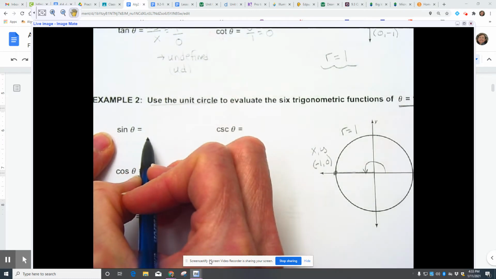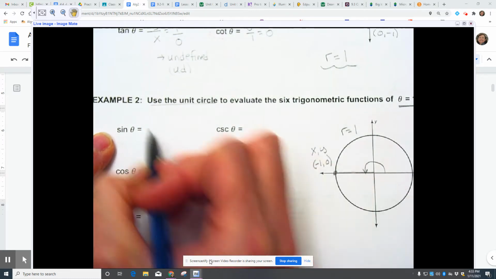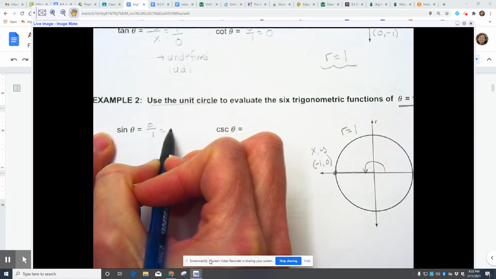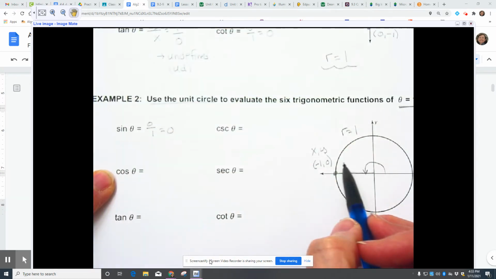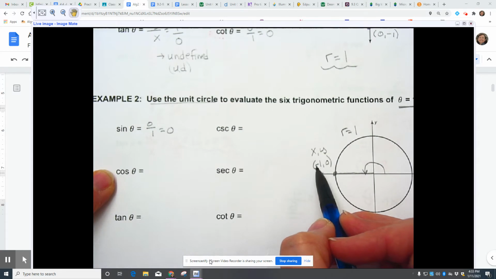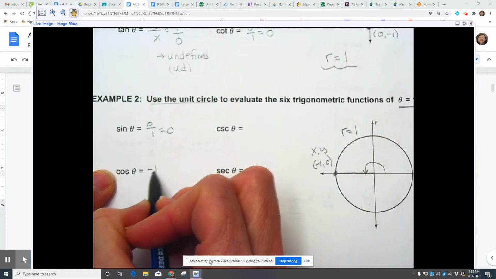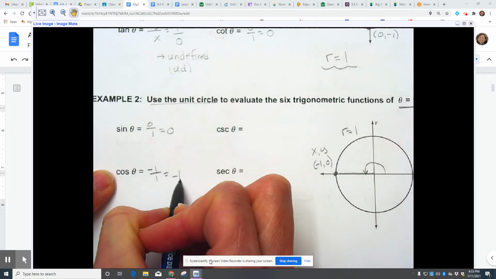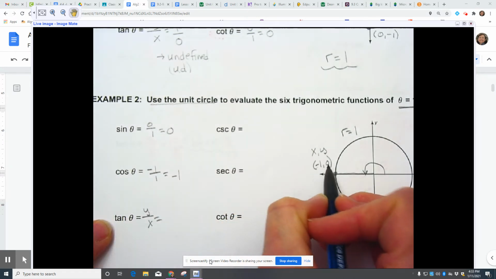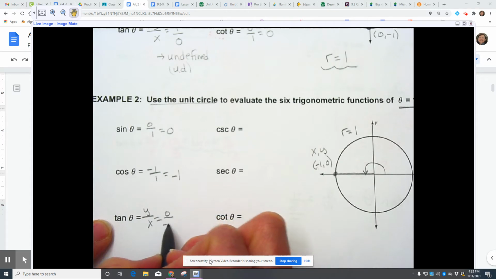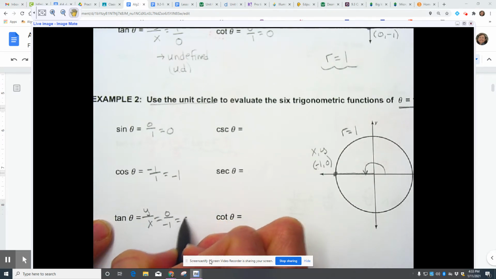So y over r would be 0 over 1, which would equal 0. For my cosine, x over r would be negative 1 over 1, which would just be negative 1. And tangent is y over x, which would be 0 over negative 1, which would be 0.